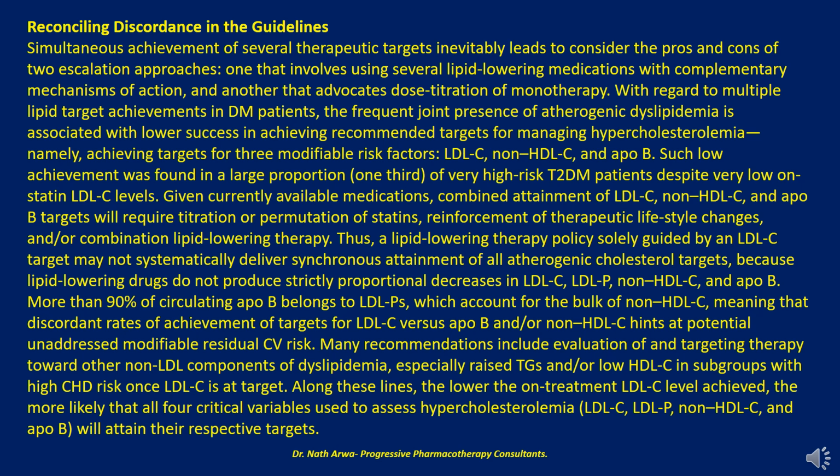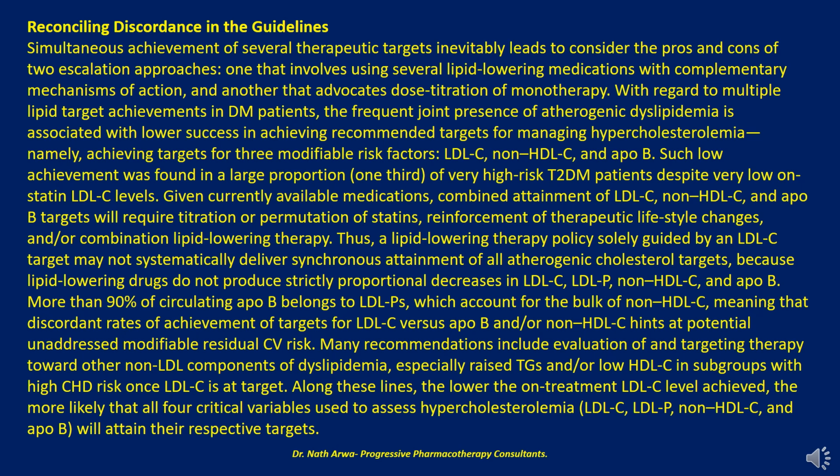With regard to multiple lipid target achievements in diabetes mellitus patients, the frequent joint presence of atherogenic dyslipidemia is associated with lower success in achieving recommended targets for managing hypercholesterolemia, namely, achieving targets for three modifiable risk factors: LDL-C, non-HDL-C, and ApoB.